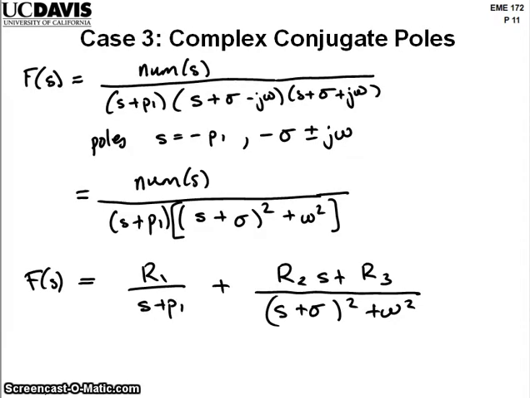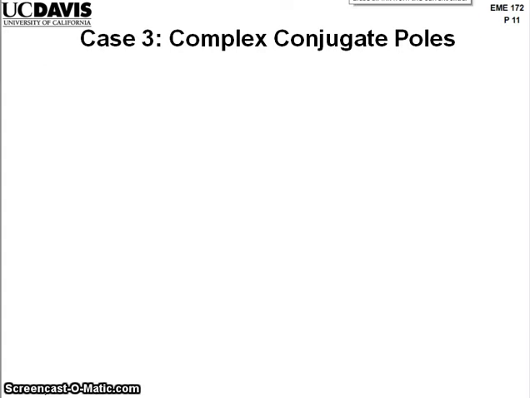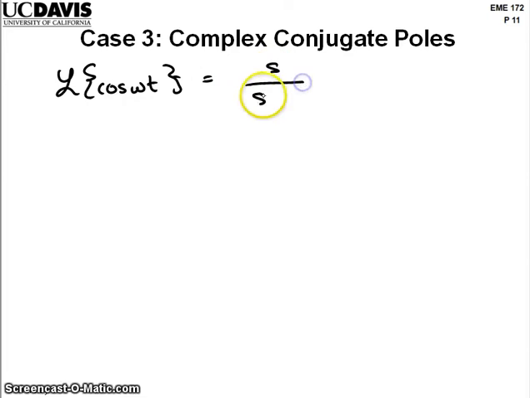And I need to give it to you. Let's see, there's an example. I'm going to insert another slide here. Okay. So if I look at my Laplace transform table, I would find that we know that the Laplace transform of cosine omega t is equal to s over s squared plus omega squared.